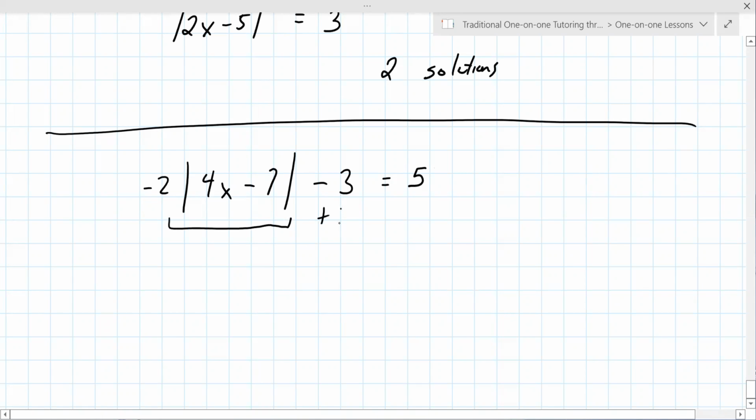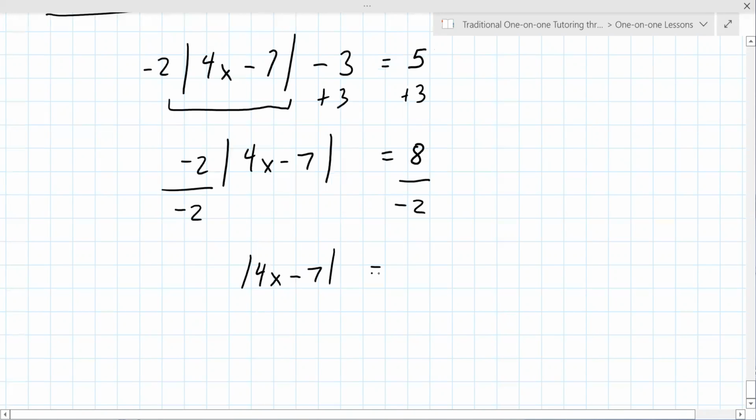So you're going to add 3 to both sides. Still looking pretty good. But you have to undo this. You have to divide both sides by -2. Now it's not looking so good. How many solutions does this have since it's a negative number? No solution.